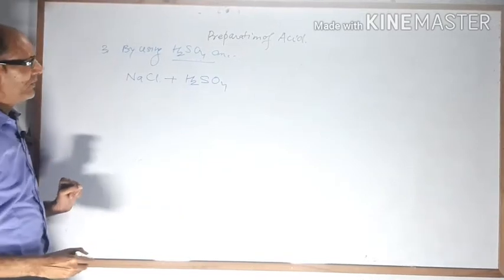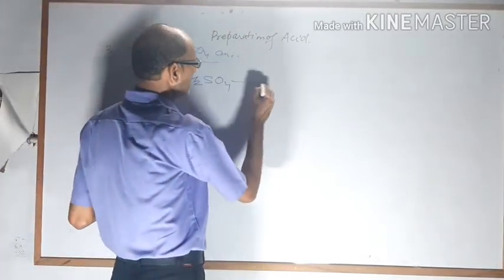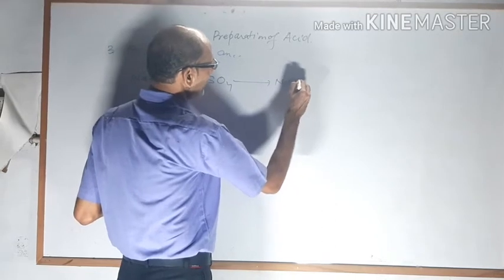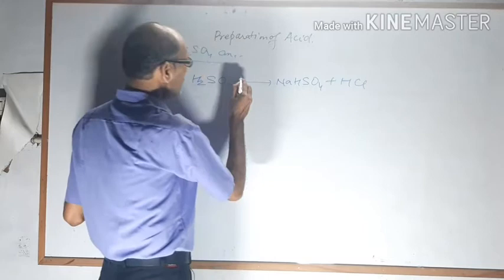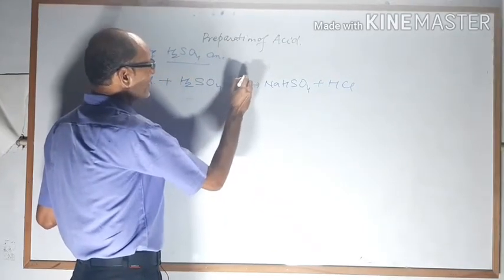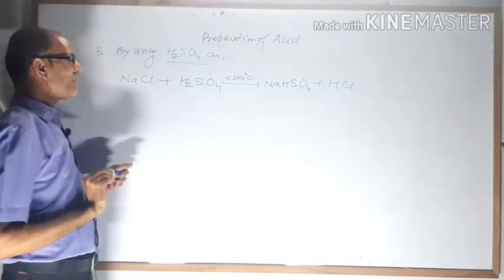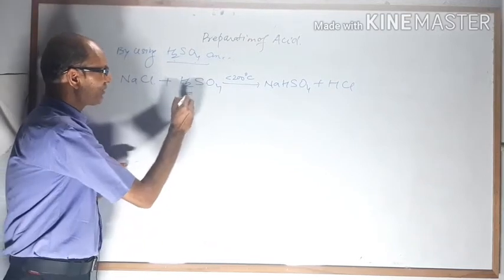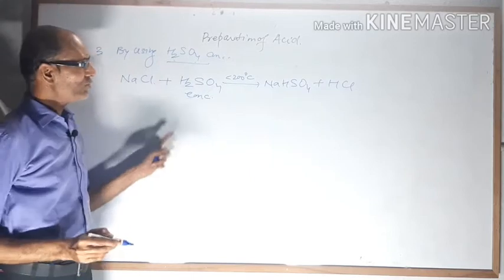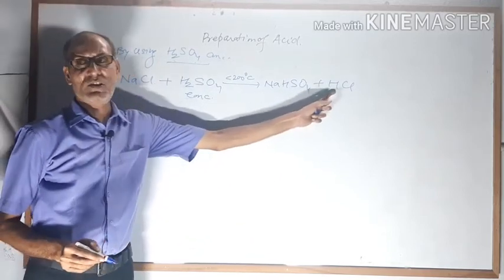So you will get NaHSO4 plus HCl if you heat at less than 200 degrees Celsius. That means on heating sodium chloride and concentrated H2SO4, you can prepare hydrochloric acid.